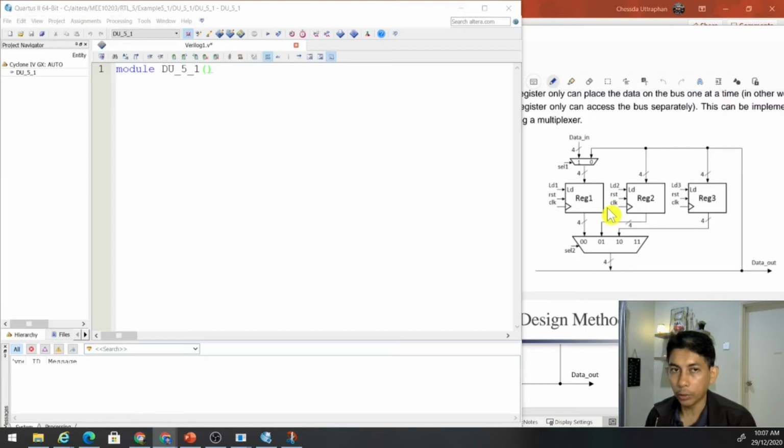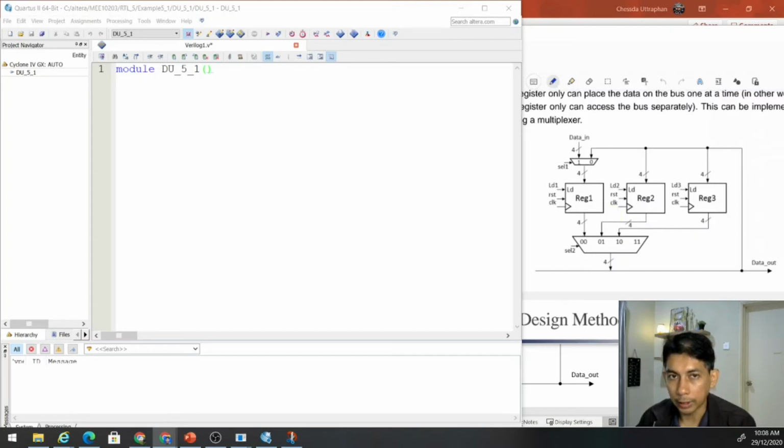So you need to make sure that your code directly represents your circuit and can be synthesized into the correct circuit. If it cannot be synthesized into a circuit, you will get many warnings. Maybe you will have a connection problem, something like that.